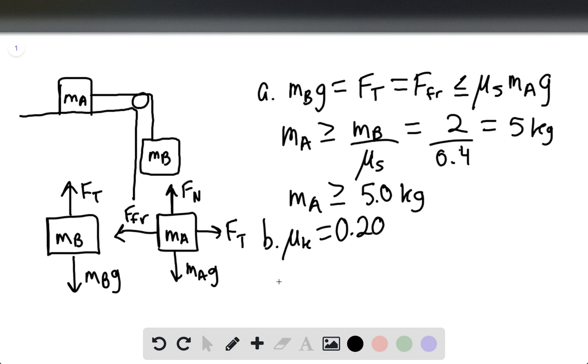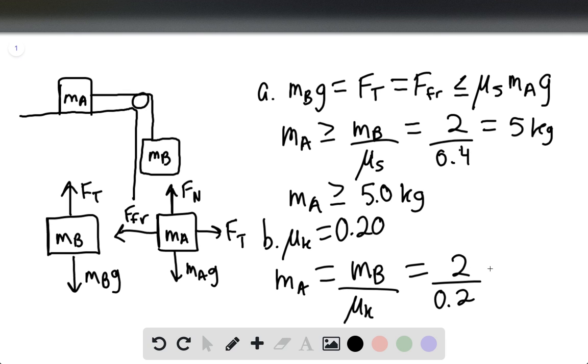So we can say that the mass of A simply equals the mass of B divided by mu sub k. And this should equal 2 divided by 0.2, and this should equal 10 kilograms. So the mass of A must equal 10 kilograms in order for the system to move at a constant velocity.